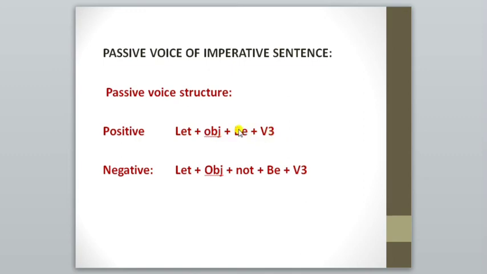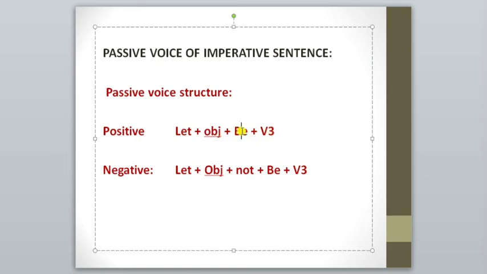Okay. This be, it should not be capital, it should be small only. Means let the door be open. The negative structure is let plus object plus not plus be plus V3. Once again, don't open the door. It's a negative sentence.